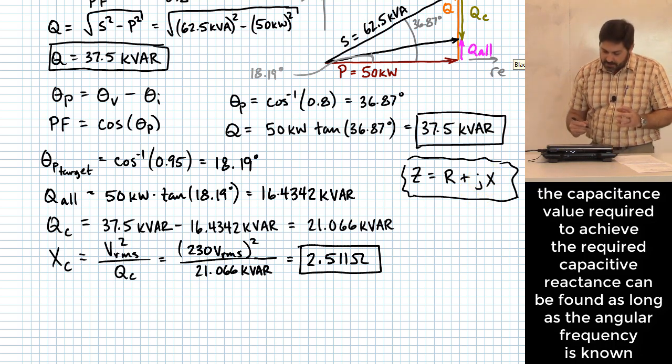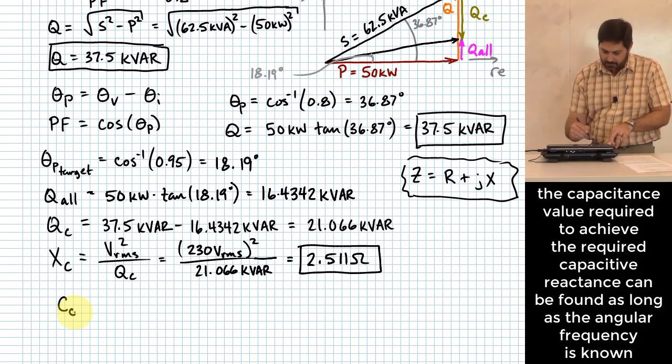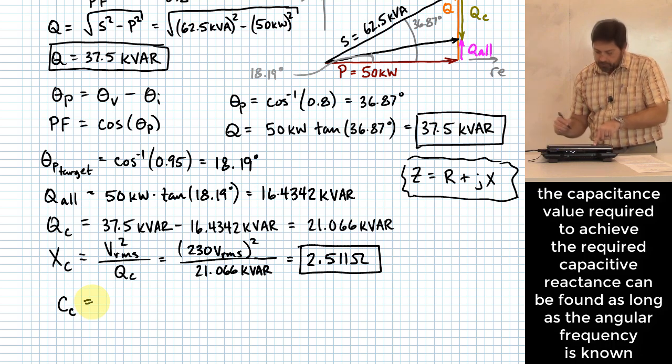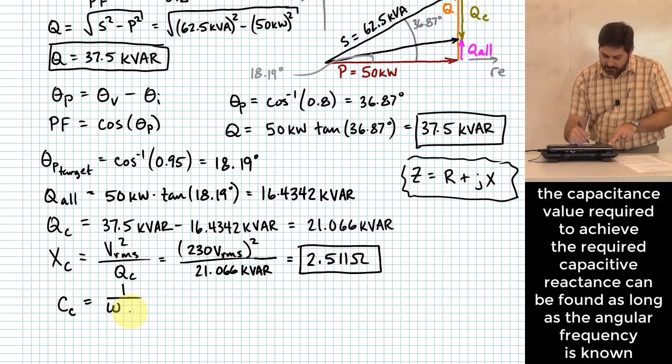So that basically tells you that the capacitance value that you need, which I will call C sub C, right? That's our corrective capacitor. This is going to be equal to 1 over omega X sub C.